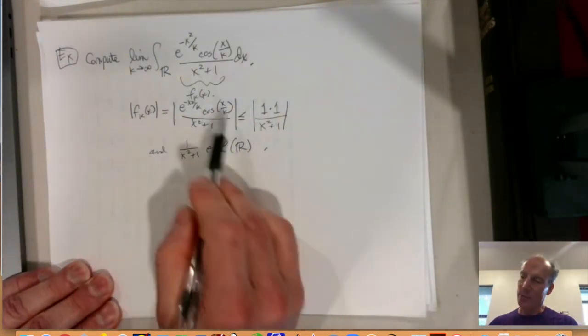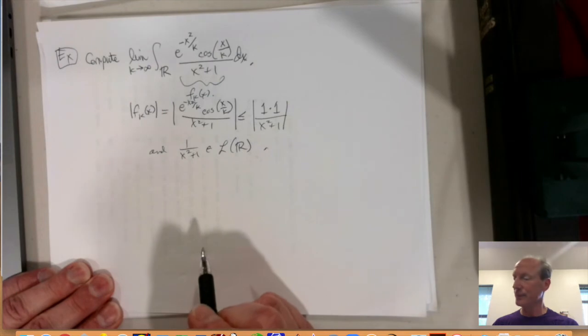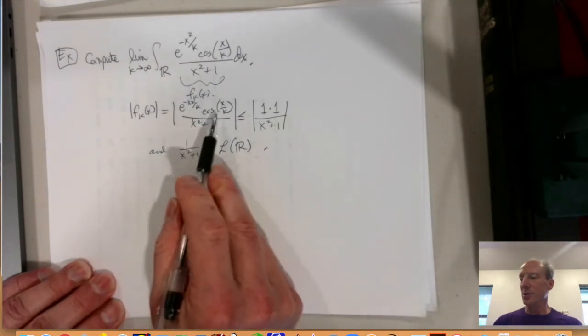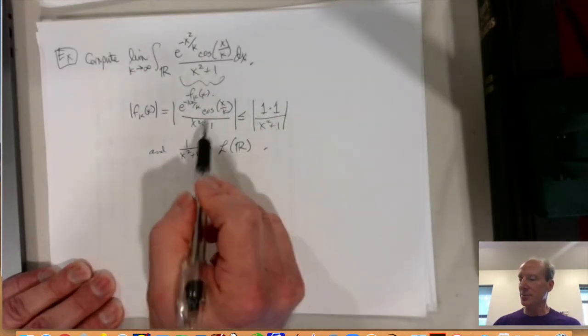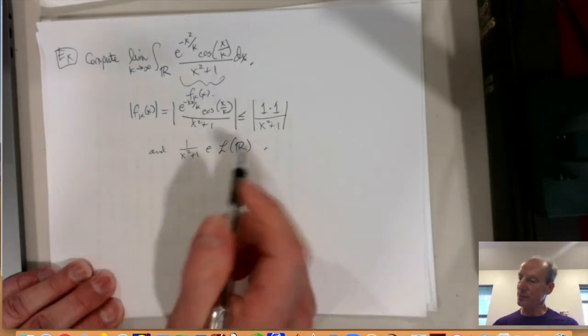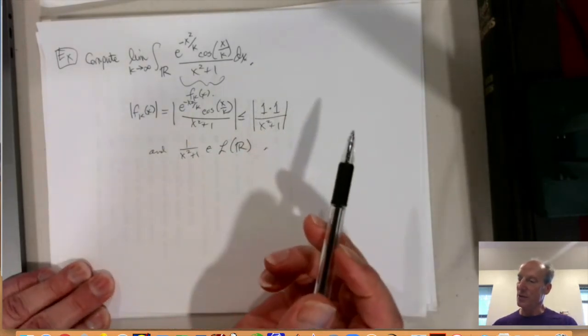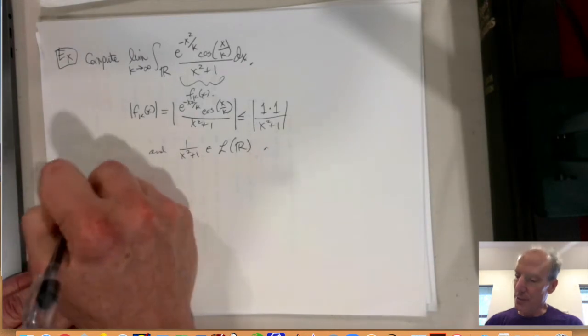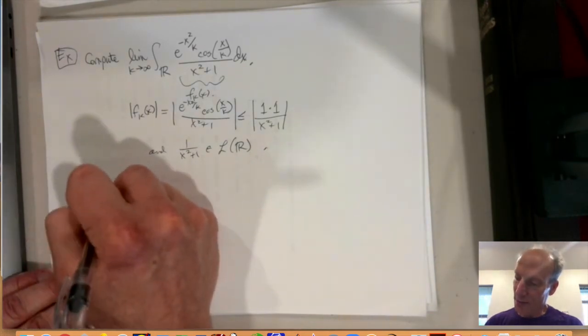So therefore, these are all measurable functions, all good. All the things that you know, they're all continuous, for instance. These are continuous functions, so measurable. So we have satisfied the Lebesgue Dominated Convergence Theorem.